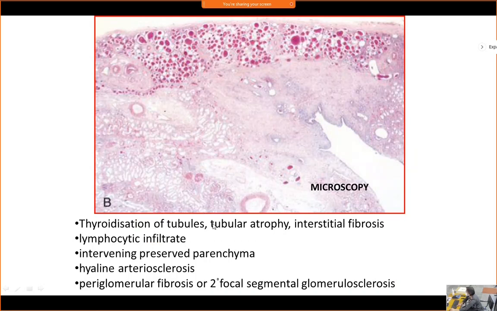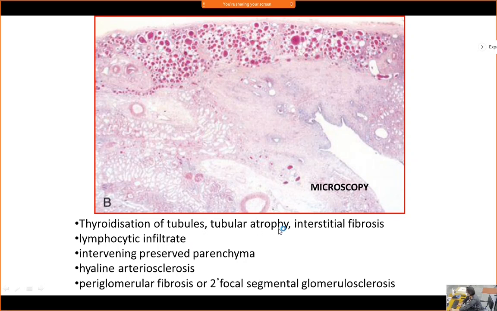This is a picture which we show you in the practicals. If you remember your thyroid histology, there are follicles with colloid. So this is a kidney, and you're looking at the tubules filled with this pink material. It resembles the thyroid. That is why we call it thyroidization of the tubules.